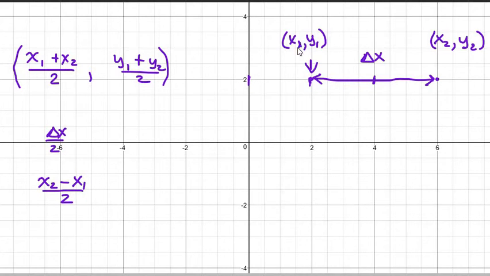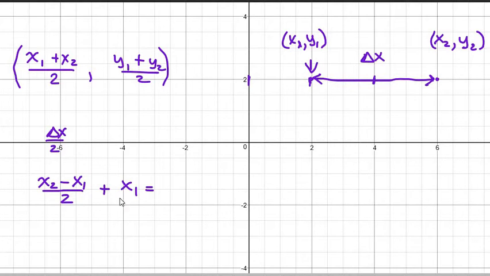So you see this is x1. Well, if we have x1, then we just add this distance, which happens to be x2 minus x1 divided by 2. If we take this distance and add the x1, I want you to look at this.